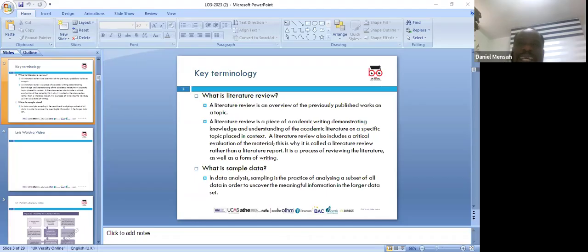But then you can say a case study of adolescents between 5 and 10 years or between 11 and 15 years. You understand me? So even though you have a broader topic to deal with, you've narrowed it to a case study of a certain age bracket that you have to look into. Okay, so in data analysis, sampling is a practice of analyzing a subset of your data in order to uncover meaningful information in a larger data set. Do you understand?